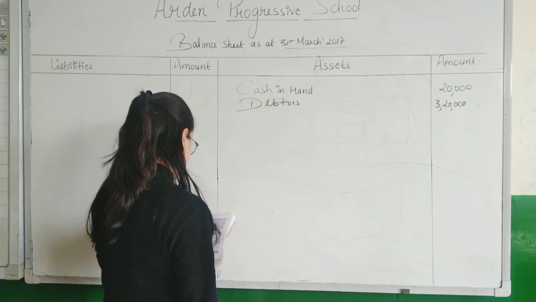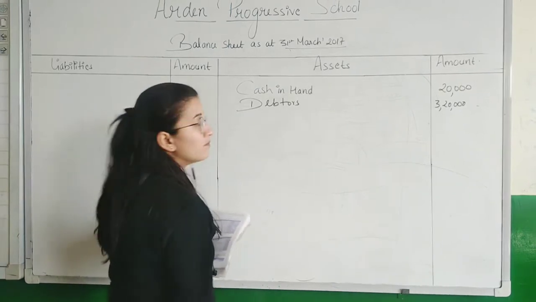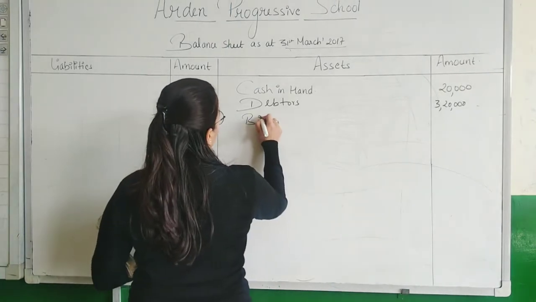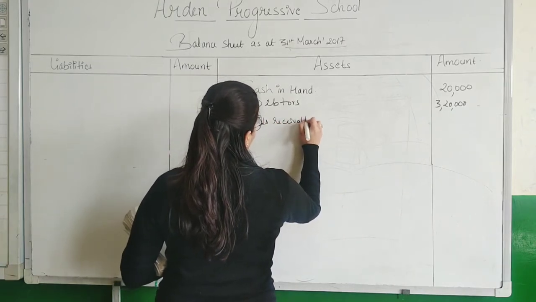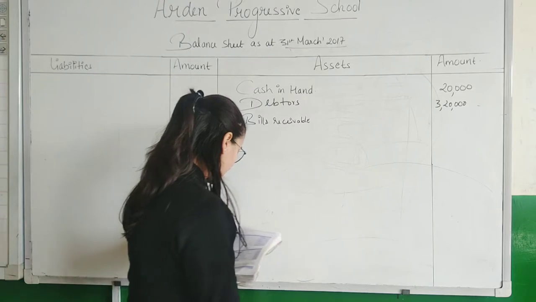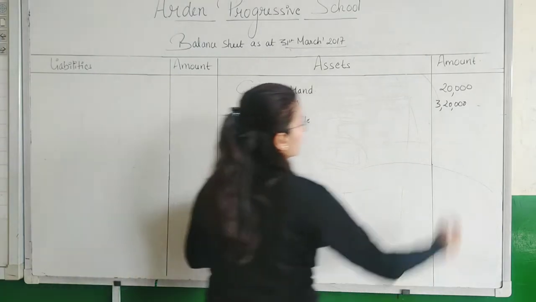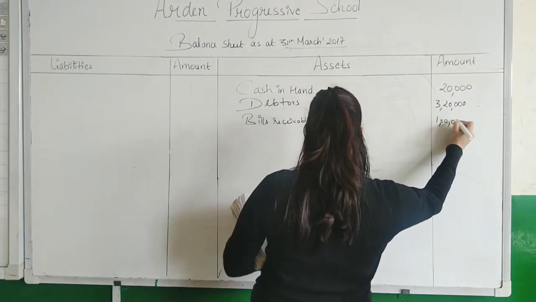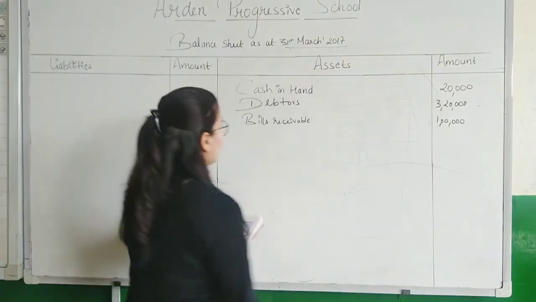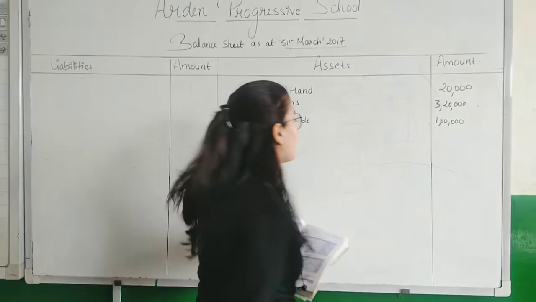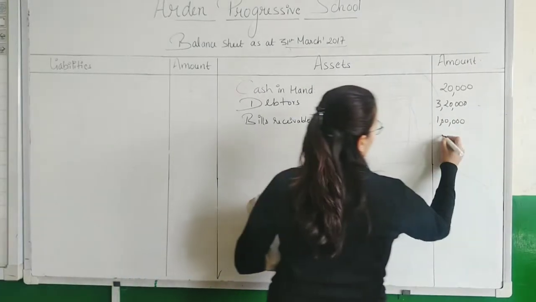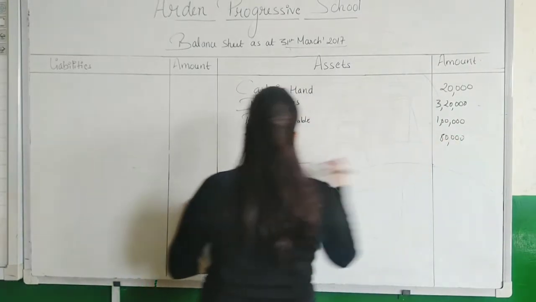Next is bills receivable, which is amounted to rupees 1 lakh.